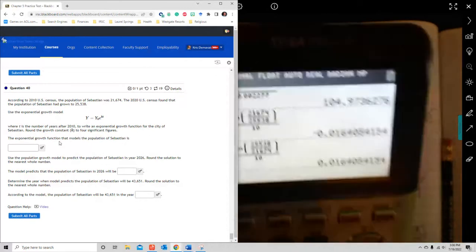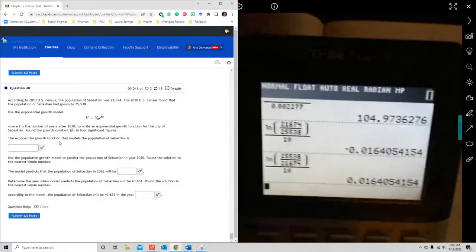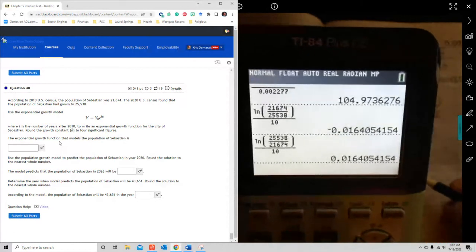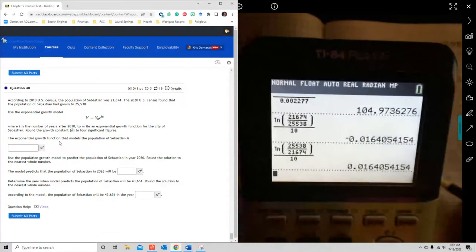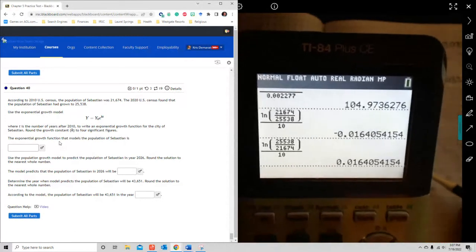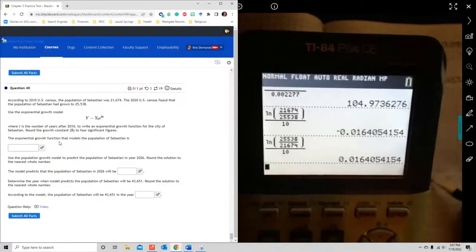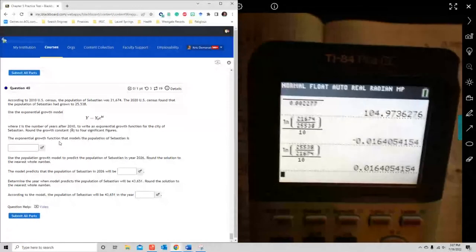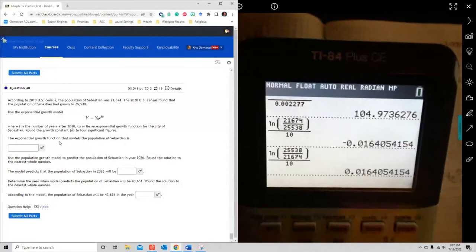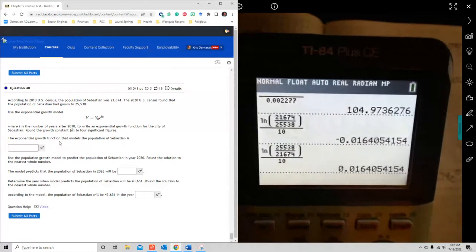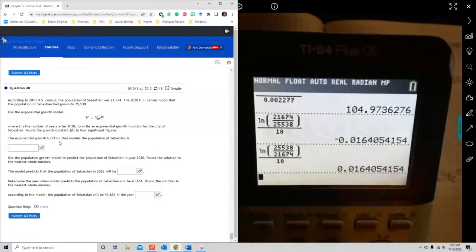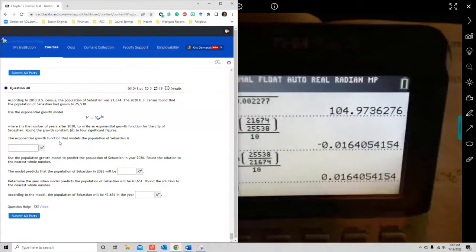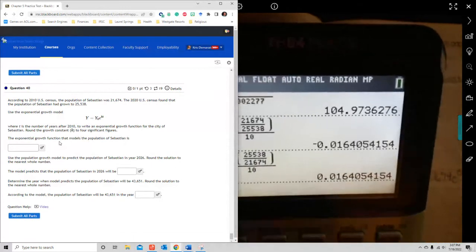So when you write your problem down, you write it as the projected value is the Y, and then it's going to be the 21,674 with E raised to that value of 0.01641, because it wants it to 4 significant digits, rounded to the 4 significant digits. So that's why that answer is what it is.